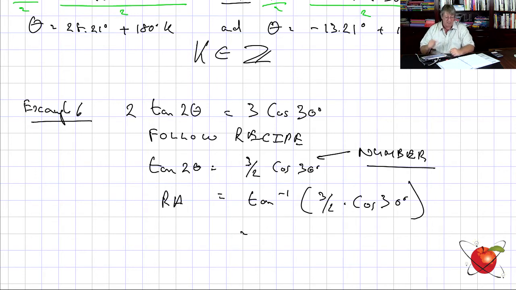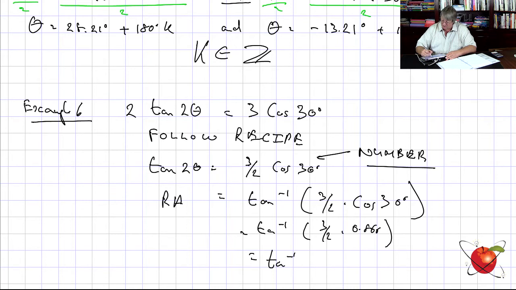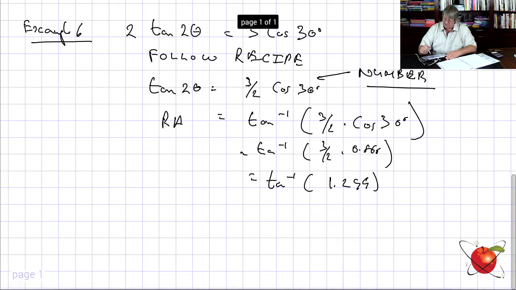If I put that in my calculator, I get arctan of 3 over 2 times cos 30, 0.866, equals 1.299, inverse tan, and the final answer comes to 52.43.